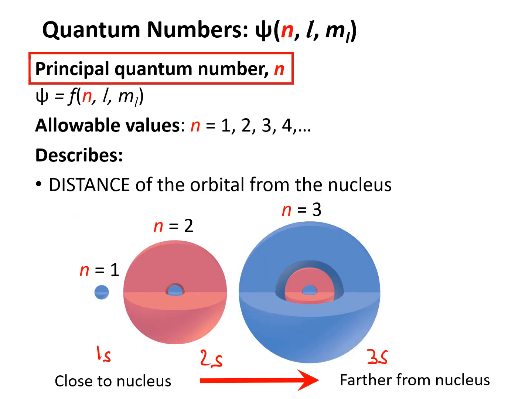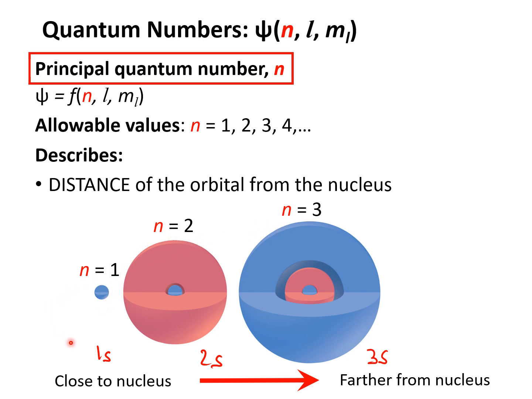The first quantum number we will look at in the wave equation is n, also known as the principal quantum number. n must be a whole number, and allowed values for n range from 1, 2, 3, 4, and so on. The principal quantum number describes the distance of the orbital from the nucleus. Below we have figures for three orbitals for n equals 1, n equals 2, and n equals 3.